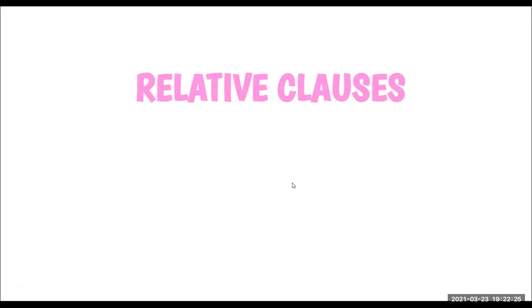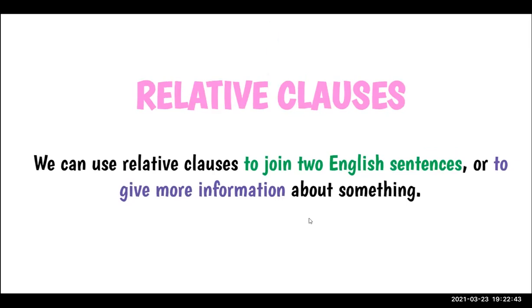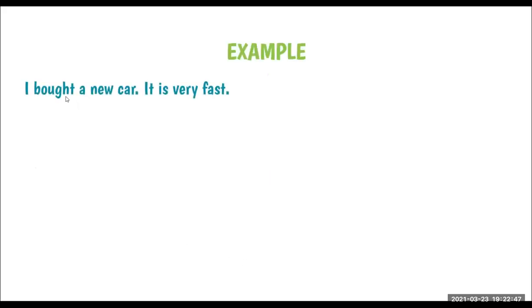So it says relative clauses. We can use relative clauses to join two English sentences or to give more information about something. Ok? Entonces podemos utilizar para unir dos oraciones o dar más información acerca de algo. Vamos a ver algunos ejemplos acá. For example, here I have two sentences.